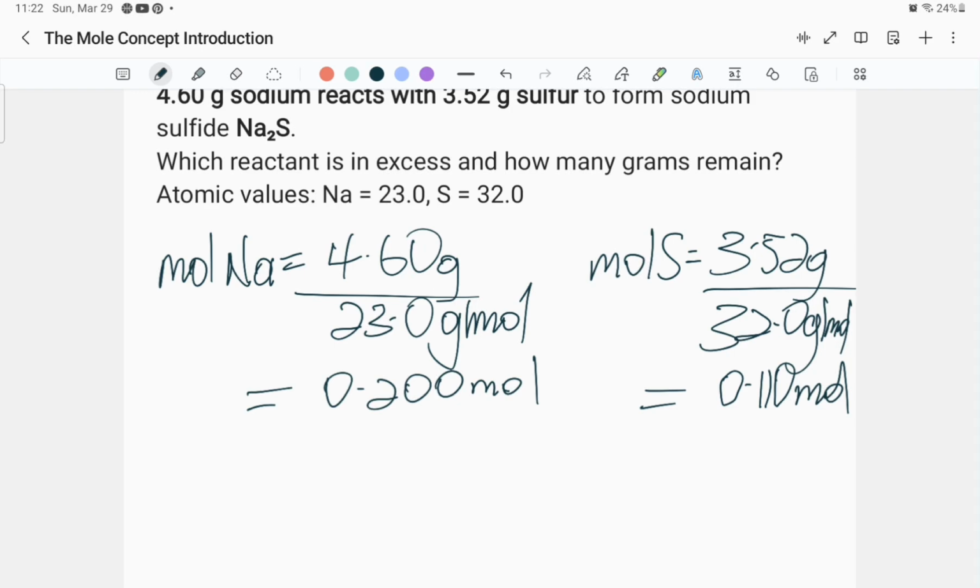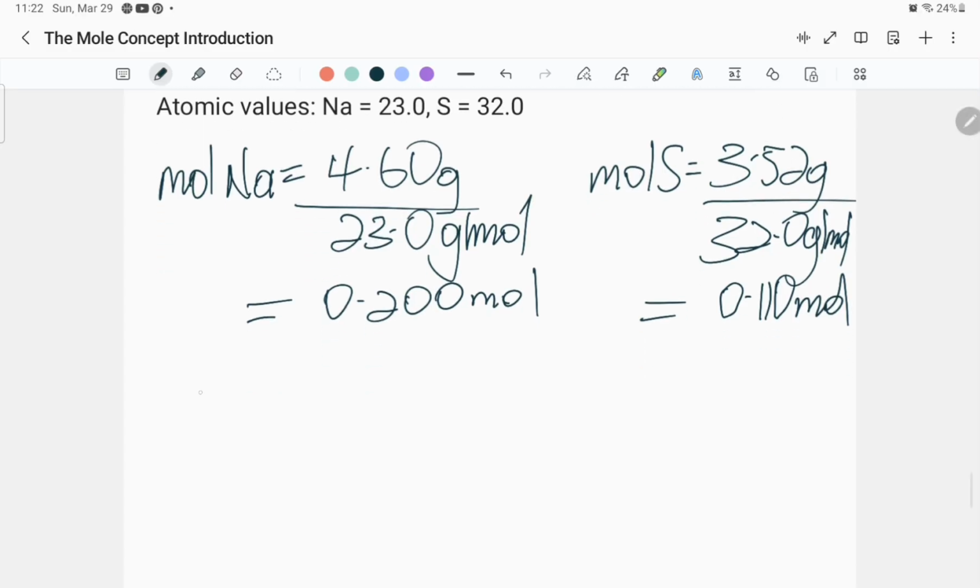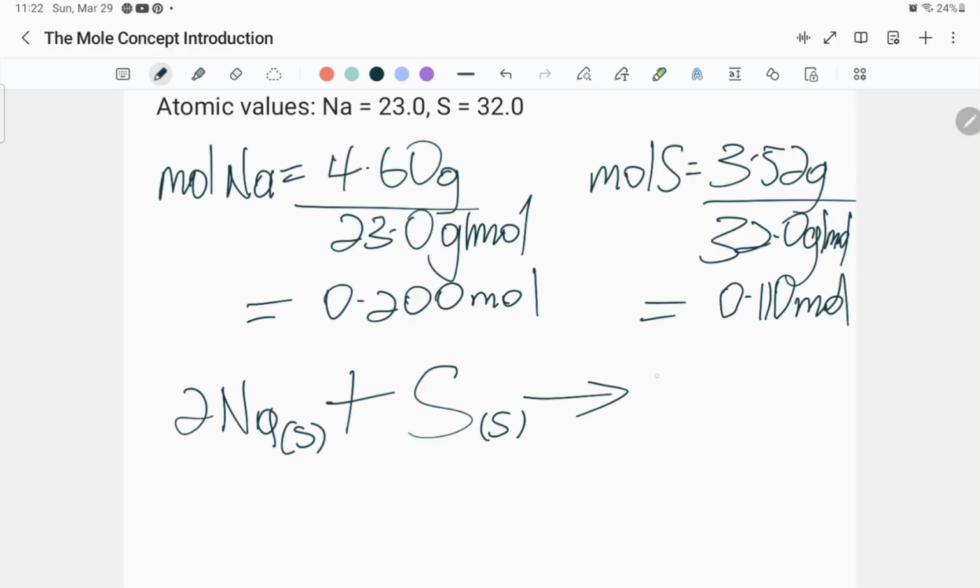This balanced chemical equation is going to be 2Na solid plus S solid will give you Na2S.